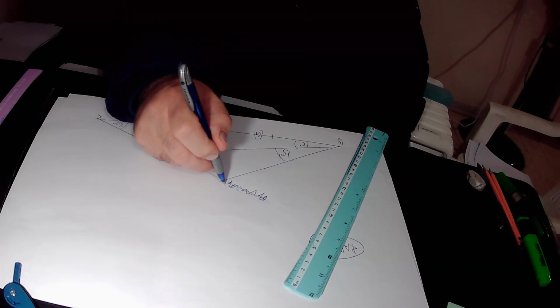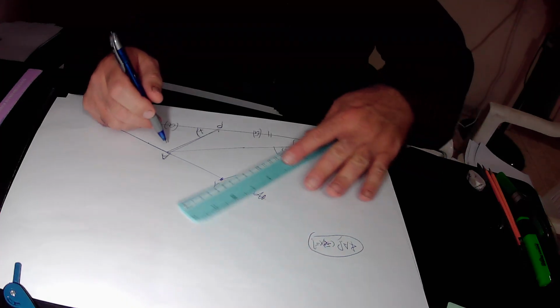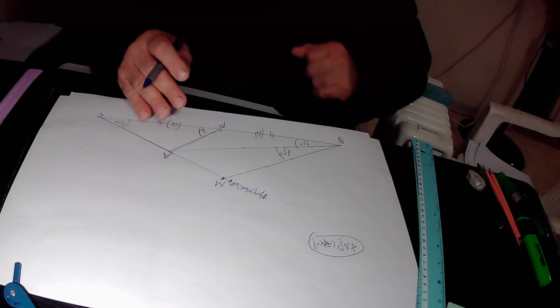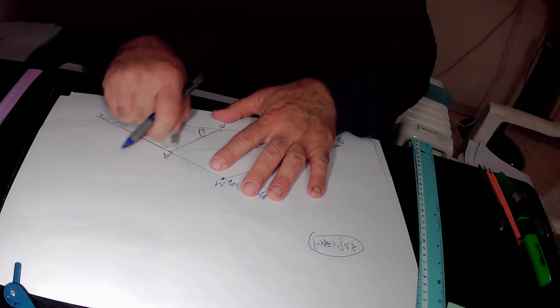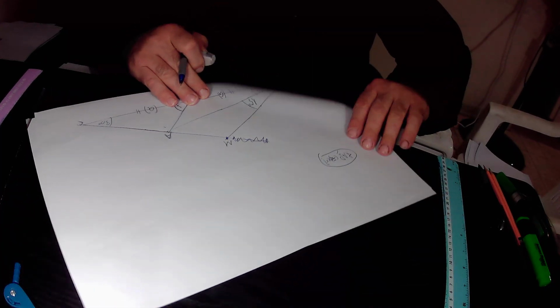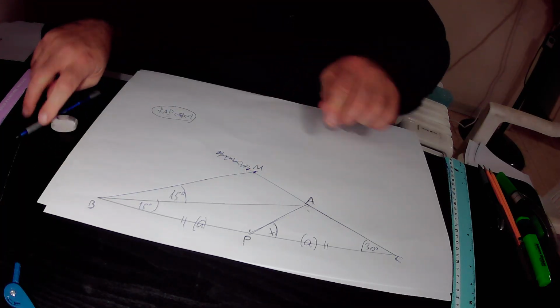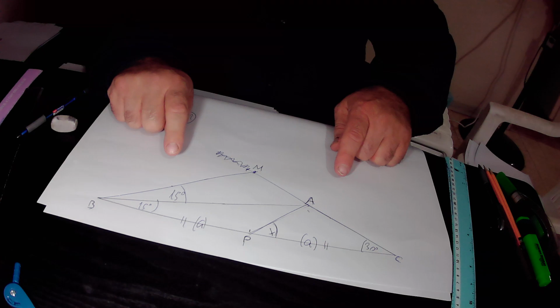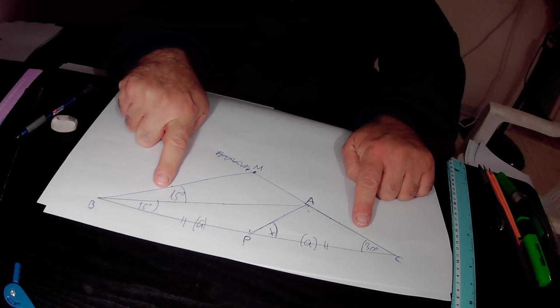This point is point M. By doing this construction, we created the associated triangle BMC. Triangle BMC is an associated triangle because those two angles are both equal to 30 degrees in size, and therefore they are equal to each other.